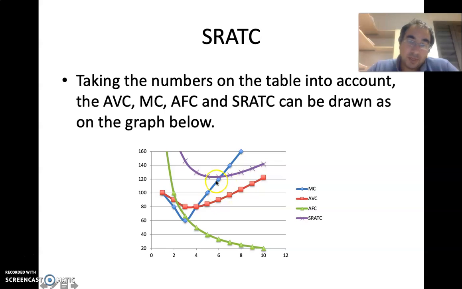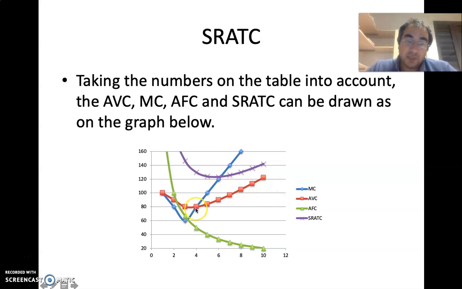Why? Because the short-run average total cost is always higher than the average variable cost. You need to add the average fixed cost to average variable cost to find the short-run average total cost.